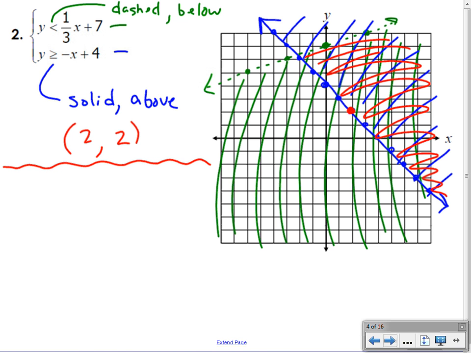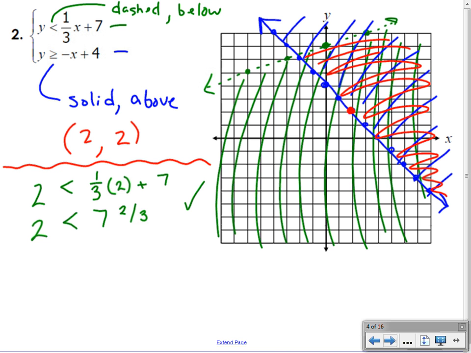So if we plug that into our top inequality, we get 2 is less than 1/3 times 2 plus 7. Okay, well, that would be 2 is less than 2/3 plus 7, which is going to give us 7 and 2/3. So that's definitely true. 2 is less than 7 and 2/3.